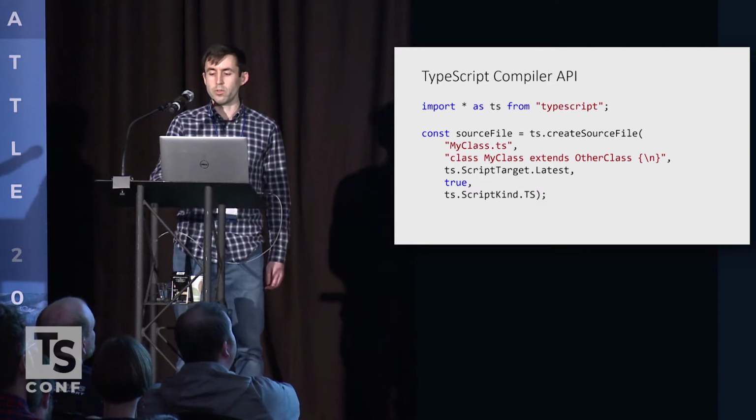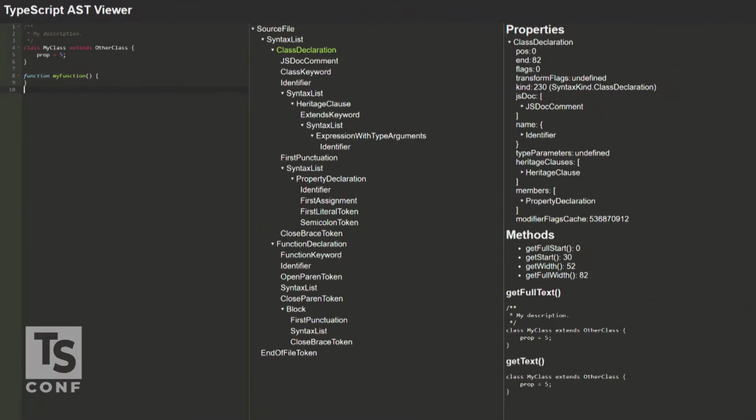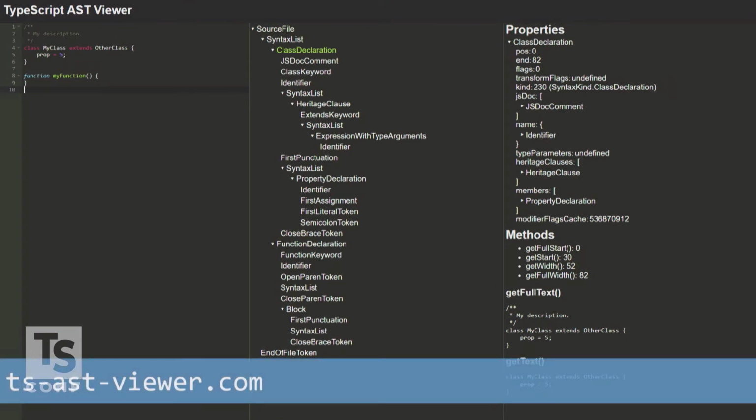Now I'm going to show you a visual representation of what one of these returned ASTs looks like. This is a website I created, and it's available at tsastviewer.com. It gives a visual interactive view of the AST that the TypeScript compiler creates. This was created specifically with TypeScript in mind, and is largely inspired by the AST viewer created by Bazarat that exists in Atom TypeScript.